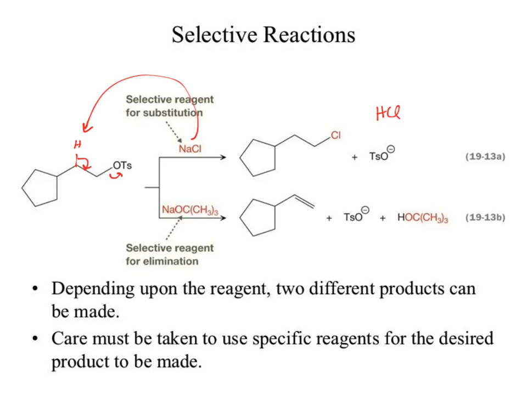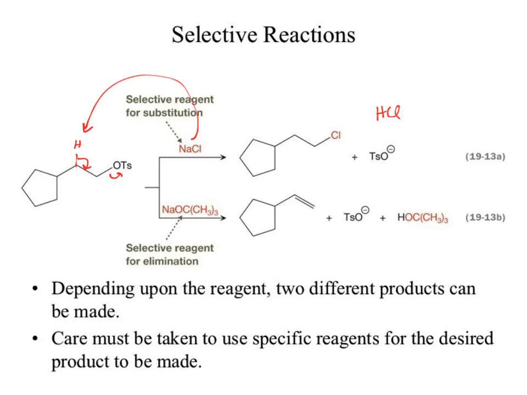Same kind of thing happens with our elimination down below. What species are we looking at there? The NaOC(CH3)3. Bulky is a good way to explain that. That would be sodium t-butoxide, or tert-butoxide, which is a very bulky negative charge.